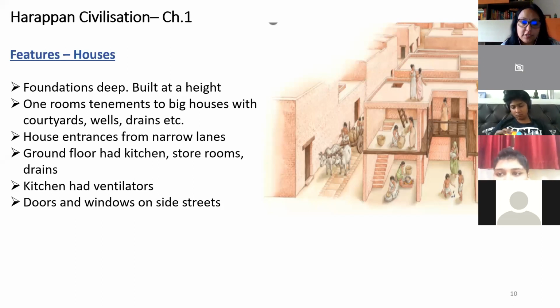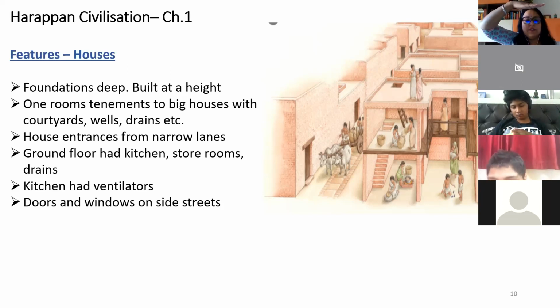And that's quite a lot. So when you have tall rooms, when you have tall roofs, then you need an opening below the roof also. So ventilator is nothing but an opening or a window which was below the roof.